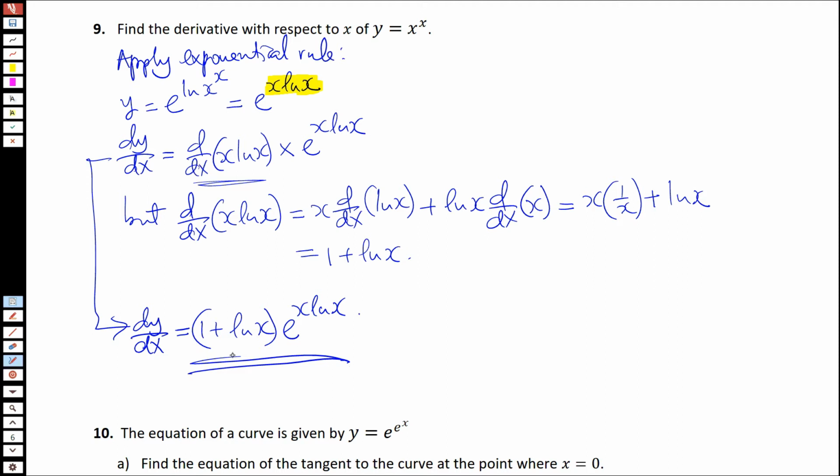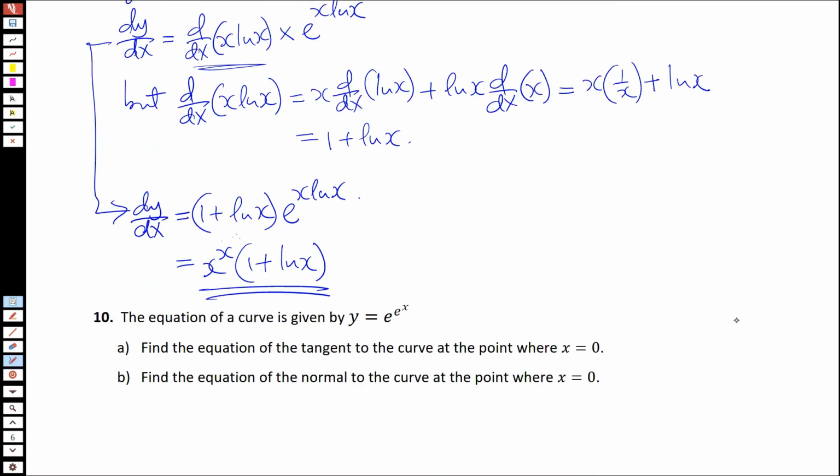By the way, we can even simplify this further in terms of what we had originally. Since e to power x ln x is the same as x to power x, we can write this as x to power x multiplied by 1 plus ln x. That's probably the simplest version of the solution.